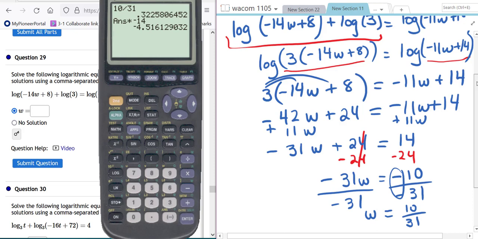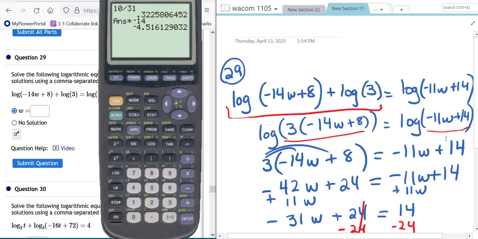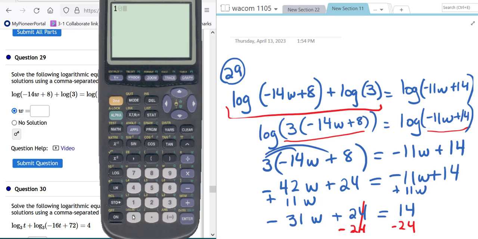I'm going to need to see this other piece. So again, we'll have the 10 divided by 31, get our decimal. I put that in wrong. 10 divided by 31 times negative 11.